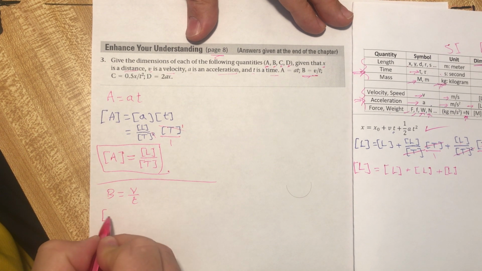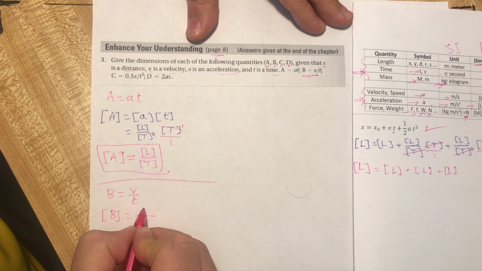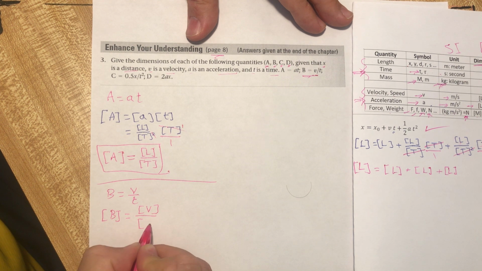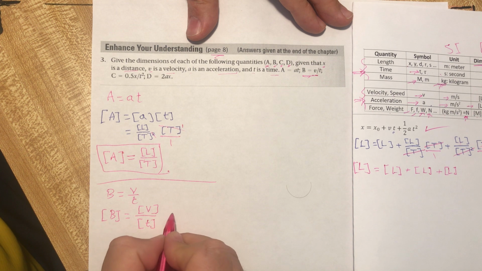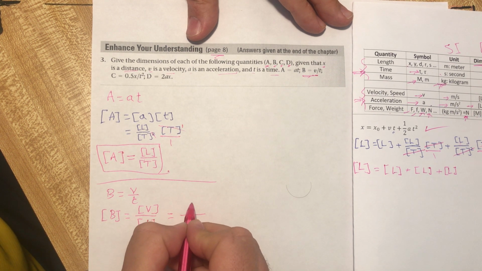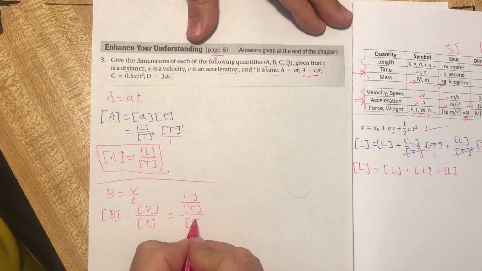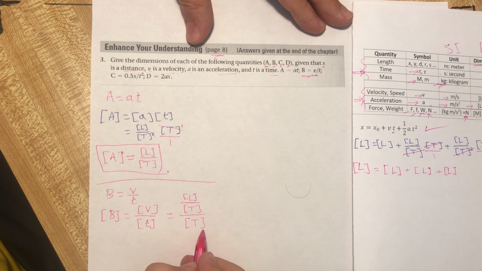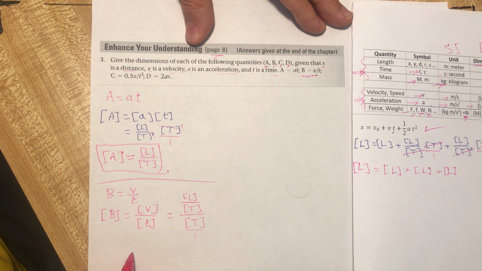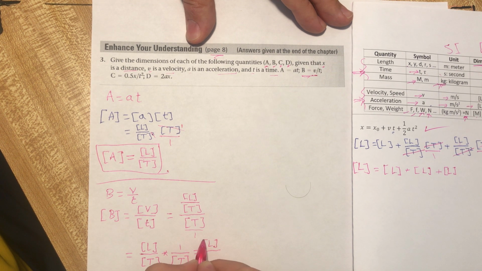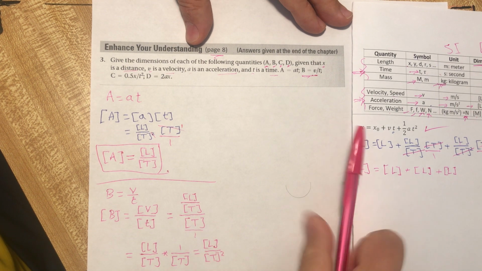Using the same way, the dimension of B is equal to the dimension of V divided by the dimension of T. This is equal to the dimension of V, which is length over time, divided by the dimension of T. I can use this over 1, which is equal to length over time multiplied by 1 over time, which is equal to length over squared time.